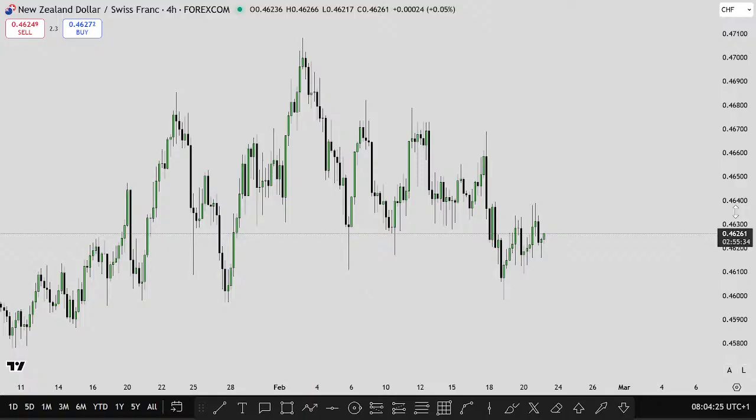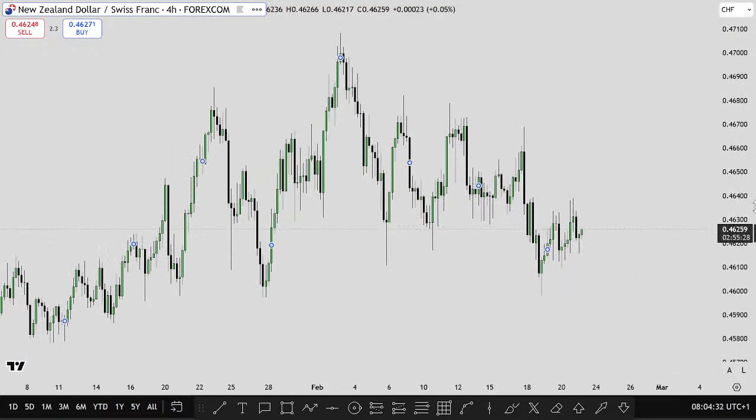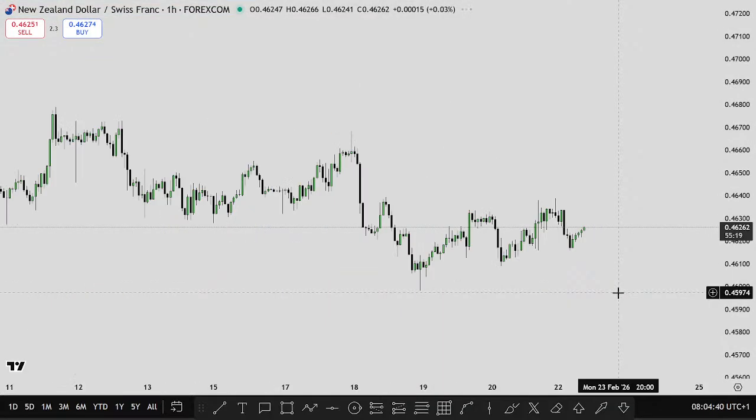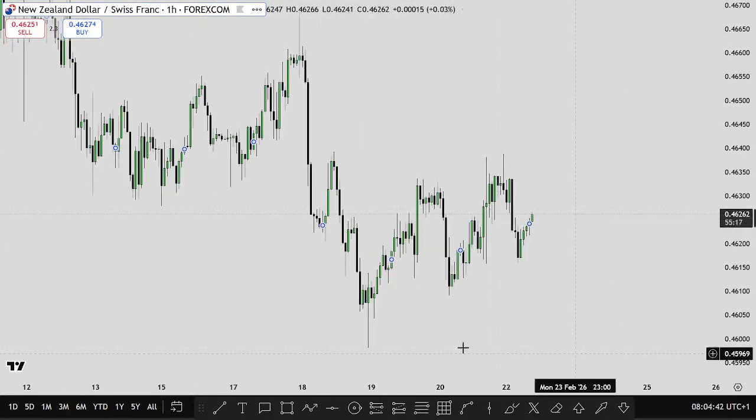Okay, this is better. So NZDCHF is doing almost the same thing with the one we just saw, but this one is different because we have, I think, almost two structures, but not yet.